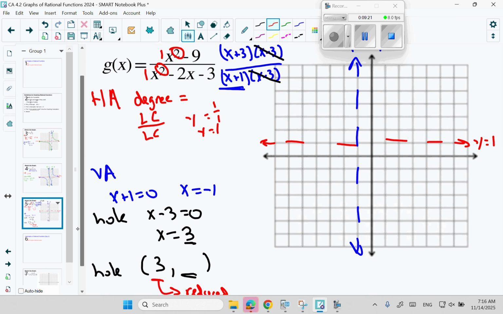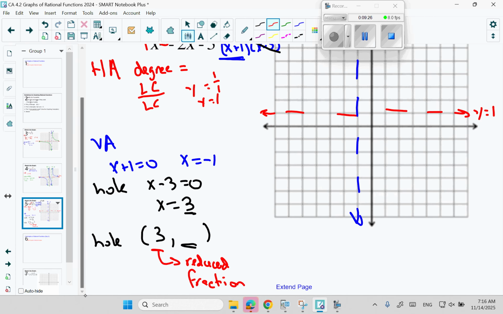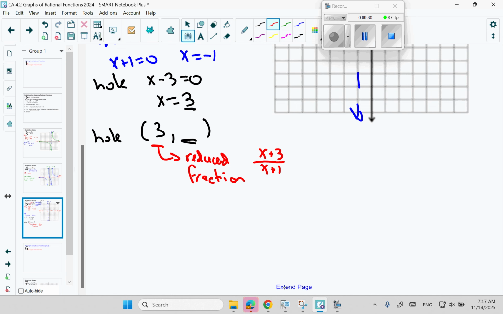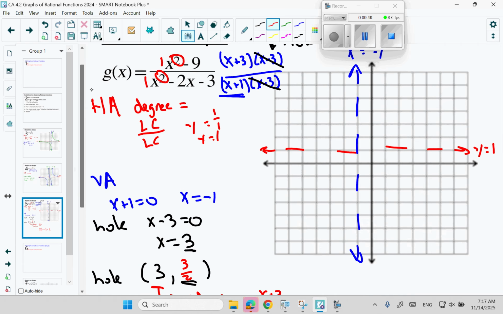So in this case, it was my simplified fraction, x plus 3 over x plus 1. So I'm going to plug 3 in there. So 3 plus 3 over 3 plus 1 gives me 6 over 4, or 3/2. So my hole would be defined as the coordinate 3, 3/2, and I'll show you what I mean when we get to it. Okay. Otherwise, we should be able to graph this.